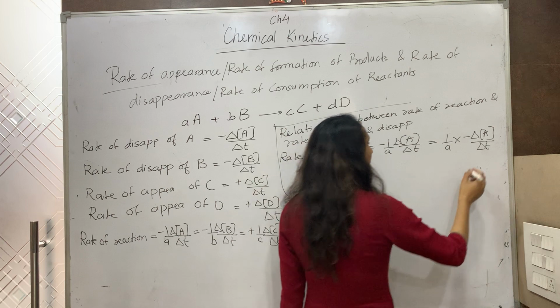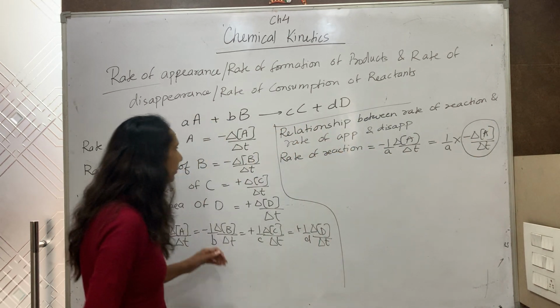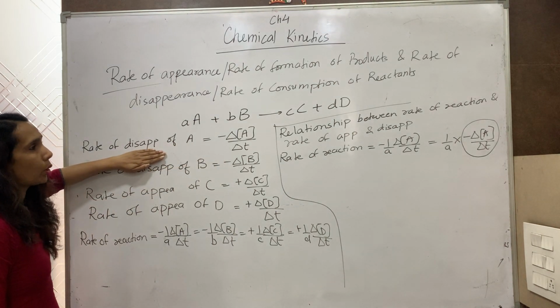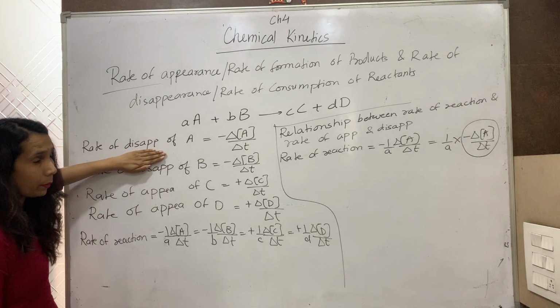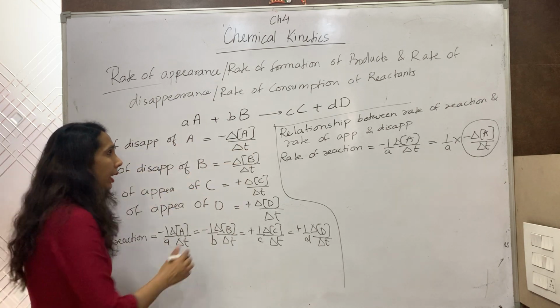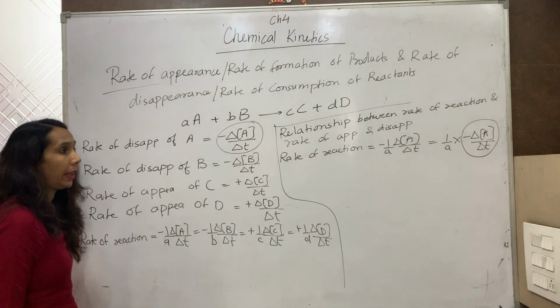Now can you see, minus delta A by delta T is equal to rate of disappearance of A. Again I am repeating, minus delta A by delta T is equal to rate of disappearance of A.